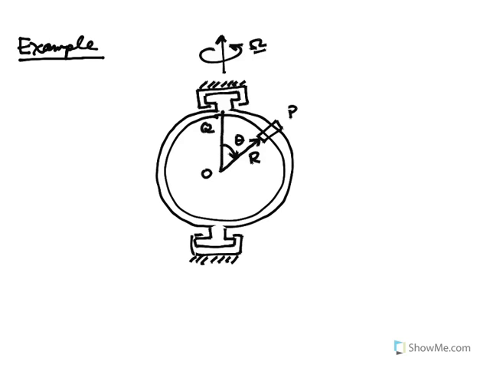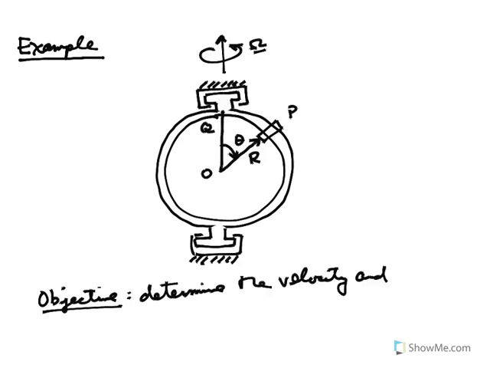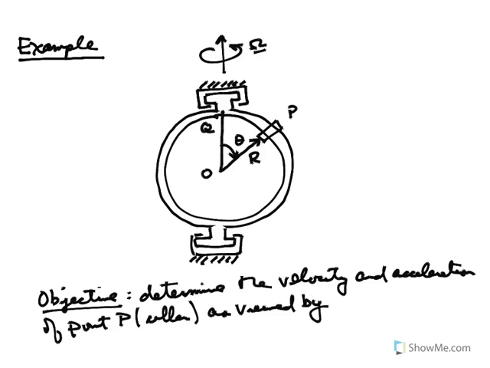Now, given that the annulus rotates about the vertical and the collar slides on the annulus, the objective is to determine the velocity and acceleration of point P, which is the collar, as viewed by an observer fixed to the ground.